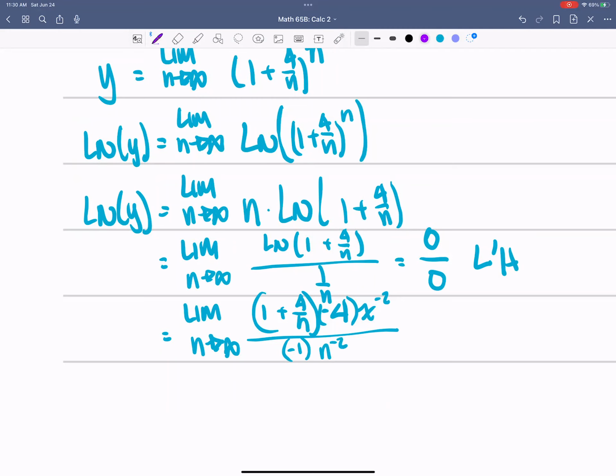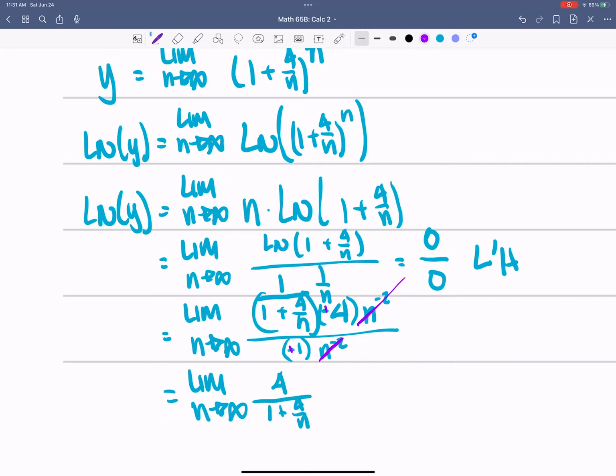So now let's look at everything that divides out. So n to the negative 2, those divide out. The negatives divide out here. And let's see what we have. The limit as n approaches infinity of 4 times, and all of this is over 1, so we have 4 times 1 over 1 plus 4 over n.